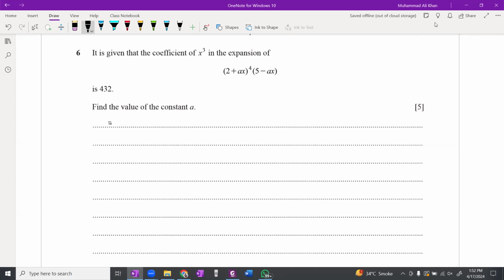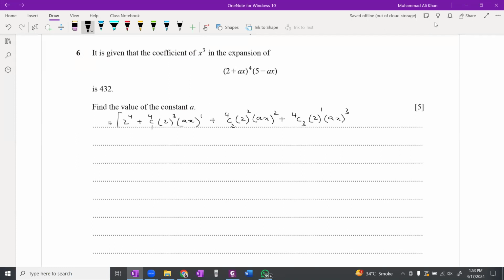So we just have to expand the first bracket by using the binomial formula: a power n plus nC1 a power n minus 1 p power 1 plus nC2 a power n minus 2 p power 2 plus nC3 a power n minus 3 p power 3.